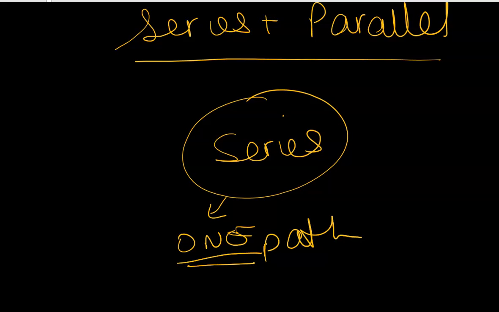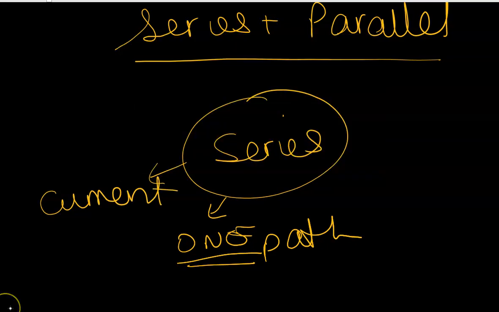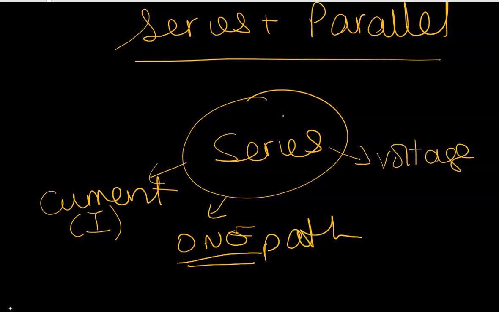In a series circuit, the current is the same at any point in the circuit. The voltage splits up, and the circuit is what we term a potential divider circuit.